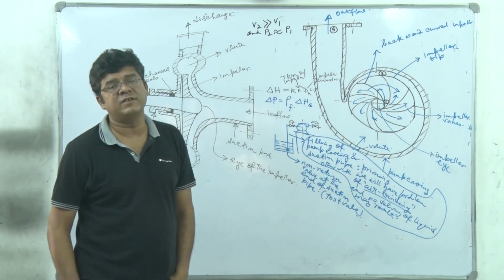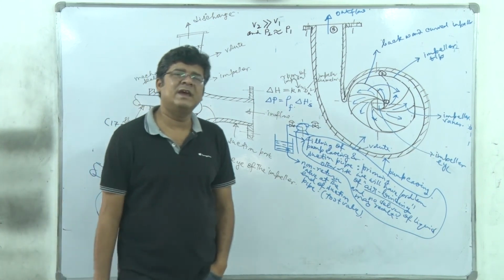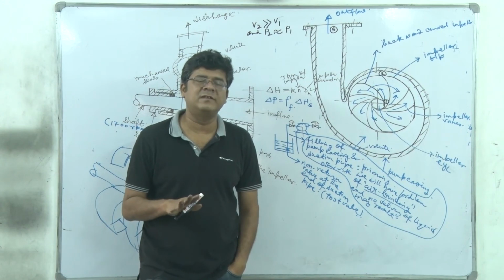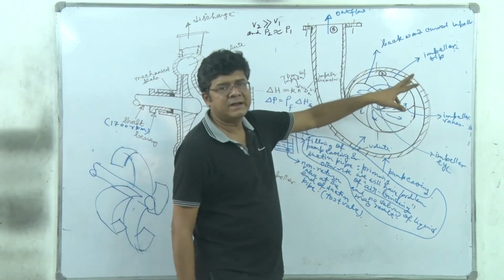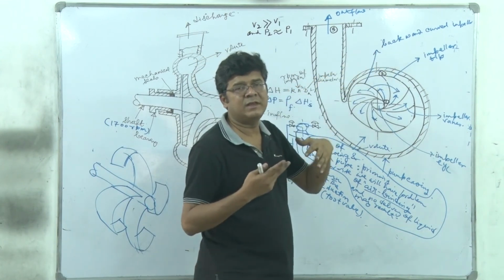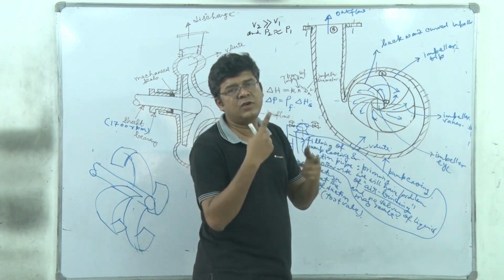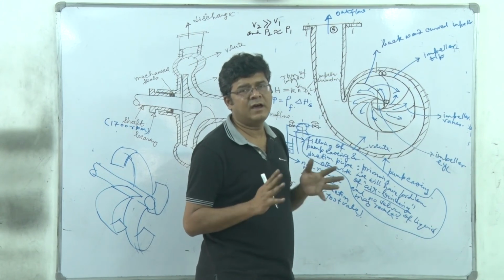We want pressure, right? Pressure rise, severe pressure rise. The velocity head is not the desirable form of energy that we want in a pump. So the next target will be, at the impeller tip, we should do something such that this increased velocity head is equivalently converted to pressure head without much loss of energy.